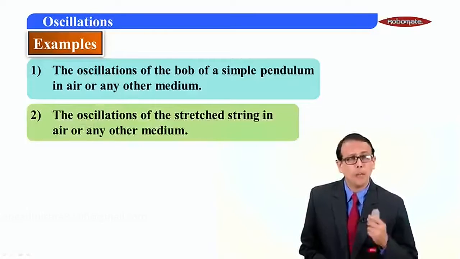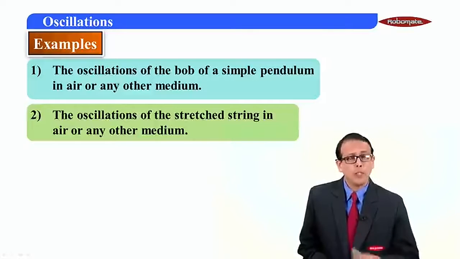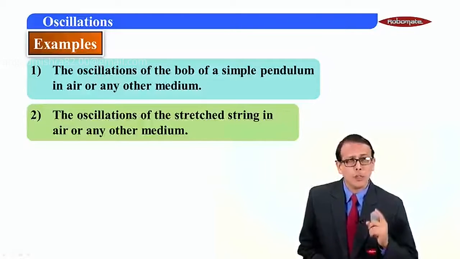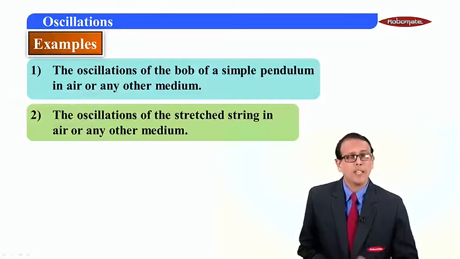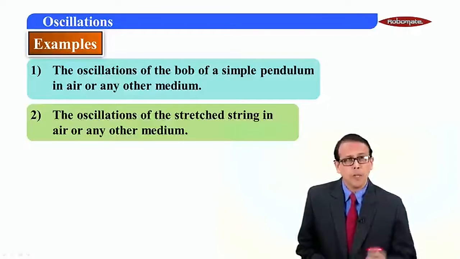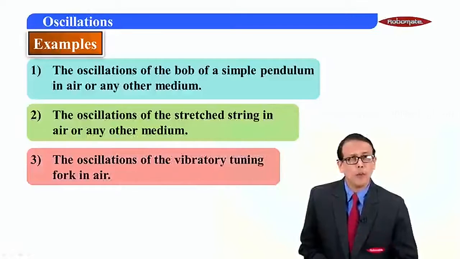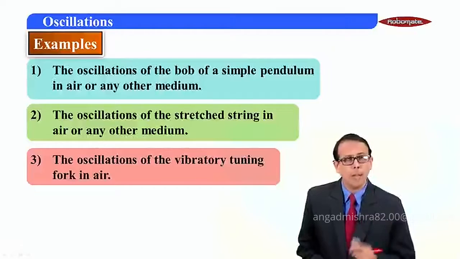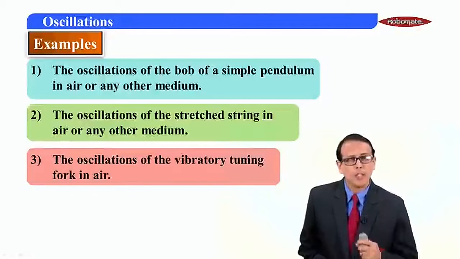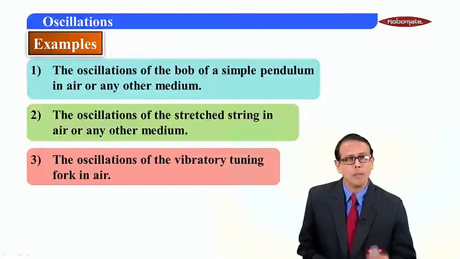If we pluck the string of a guitar and release, the vibrations stop after some time. The third example, very much present in our physics lab, the oscillation of a vibrating tuning fork in air is also an example of damped oscillation as the vibration stops after some time.